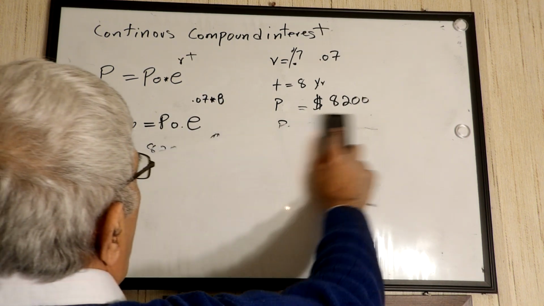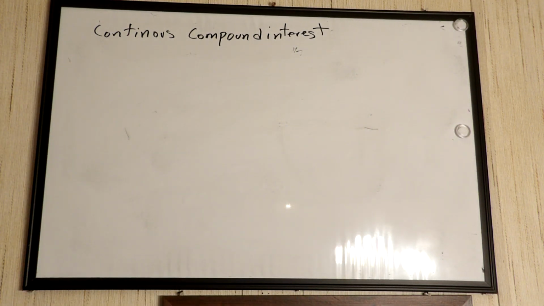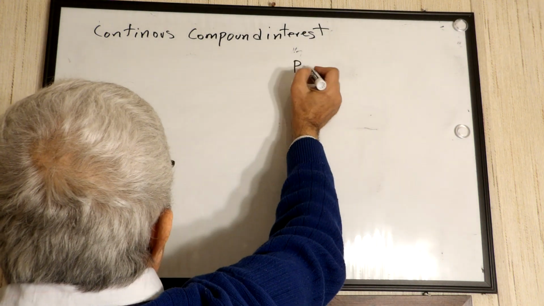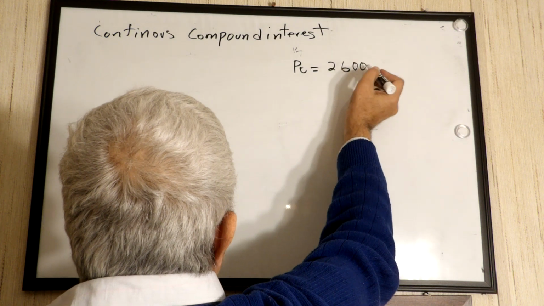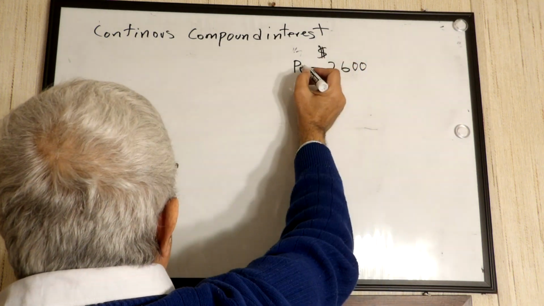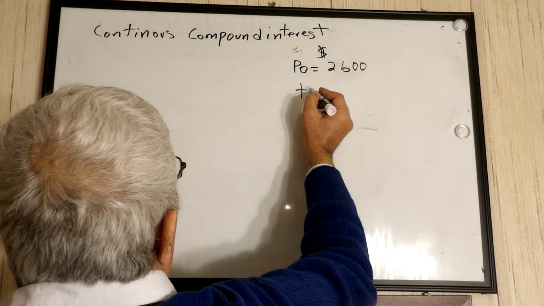So let's get to another question. If you borrow $2,600 for 2 years, T is equal to 2.